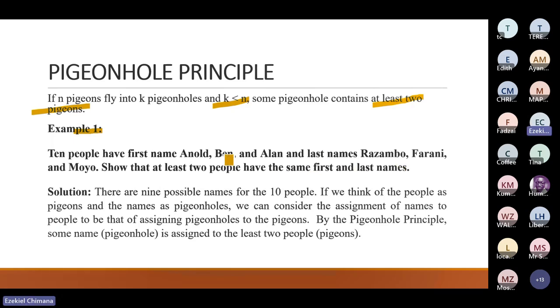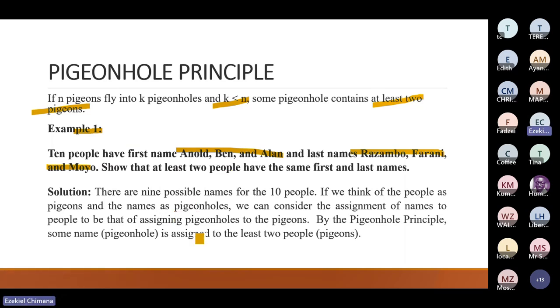So you are given these first names and last names, and you are being asked to show that at least 2 people have the same first and last names. So what could be your solution there?